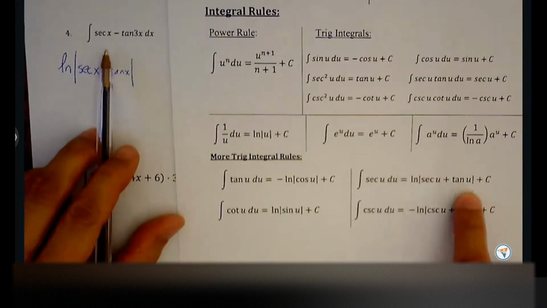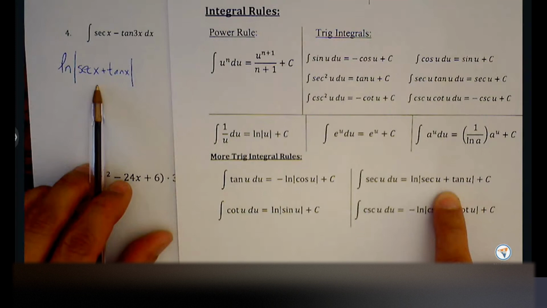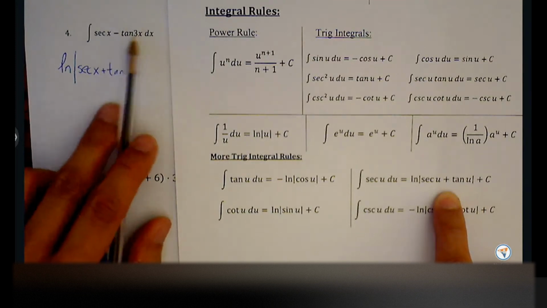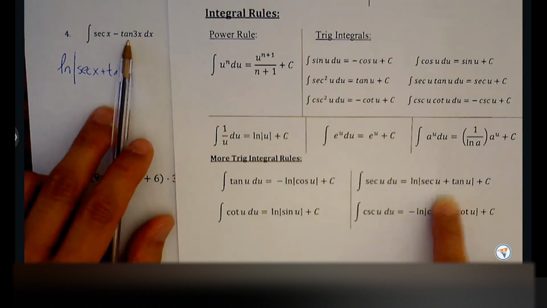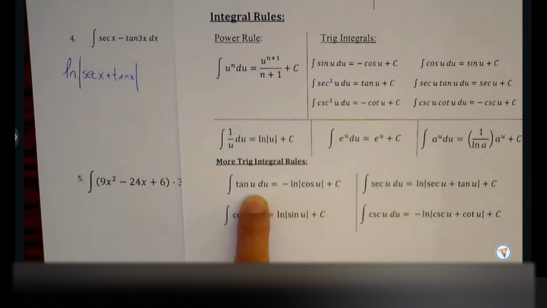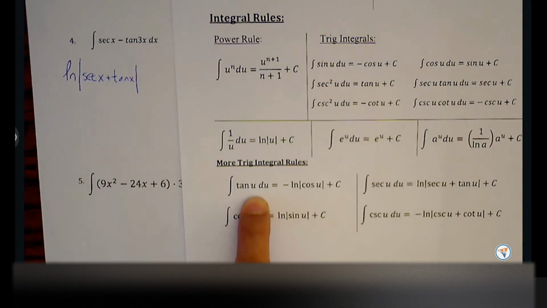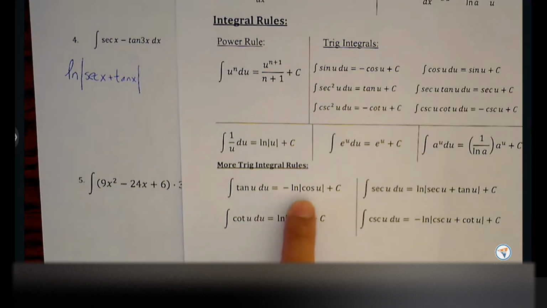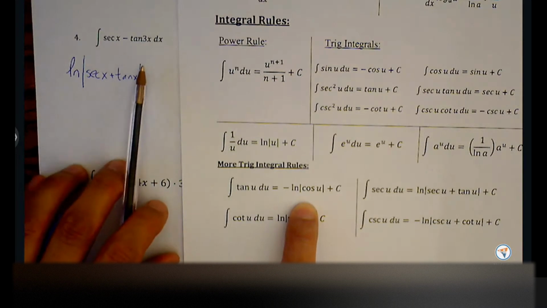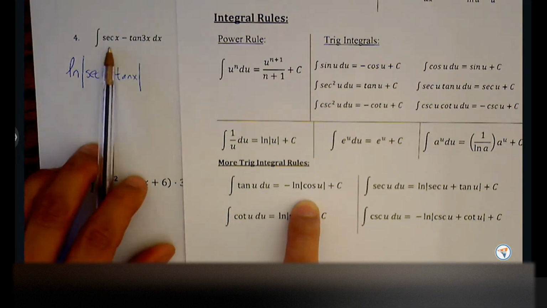Okay, does that part make sense? Yes. Now the tangent, we've got to be careful here. There's something left over. What's different about the tangent? Is it because there's cosine with it? No, there's something about the tangent that makes it a little more than what we saw with the secant.